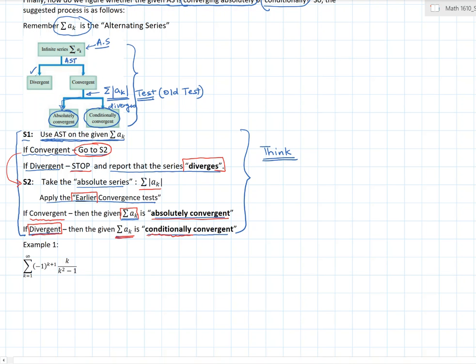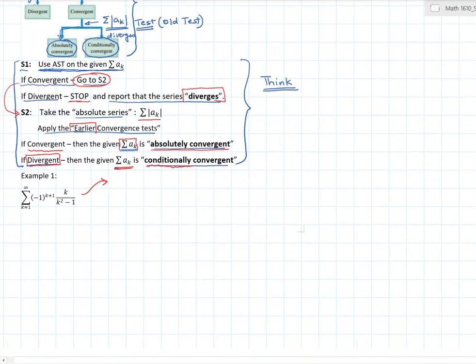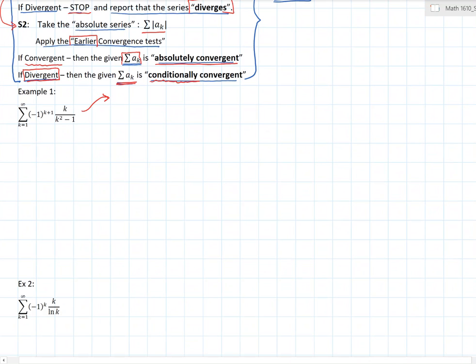So let's practice this idea with the following example. Here is an alternating series, and we will first apply the alternating series test. So this is our step 1. But if you look at the series, you will notice that we did this earlier as example 2 when we were studying alternating series.